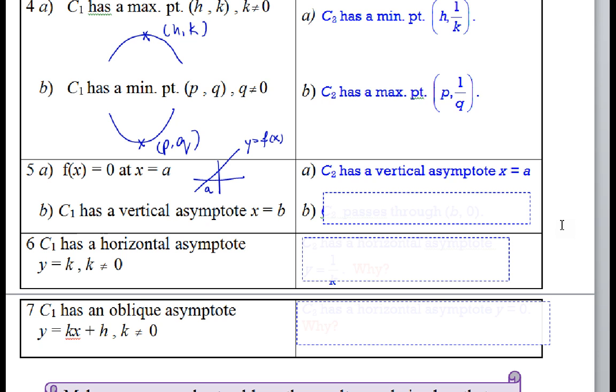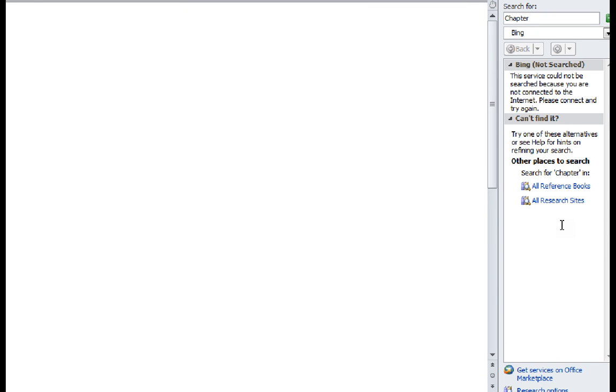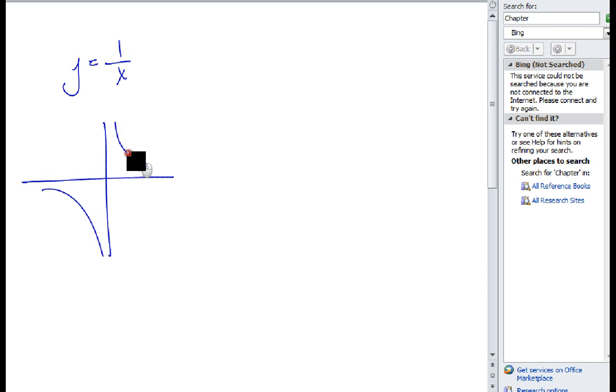Okay, let's think about it like that. If your original graph is this, then you get y equals 1 over f(x). Correct or not? This is a vertical asymptote. Correct? This is a vertical asymptote. So you take 1 divided by a very, very big number, in infinity.